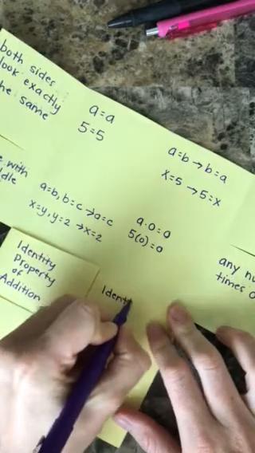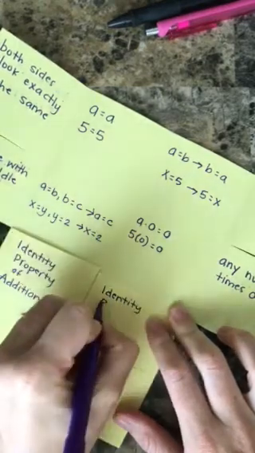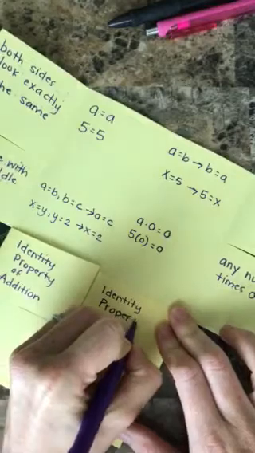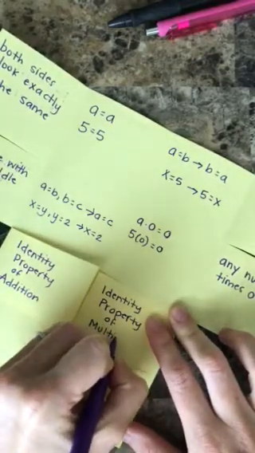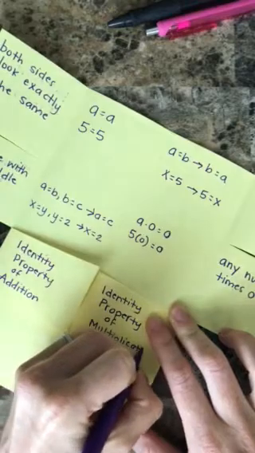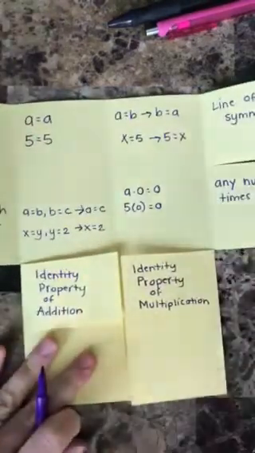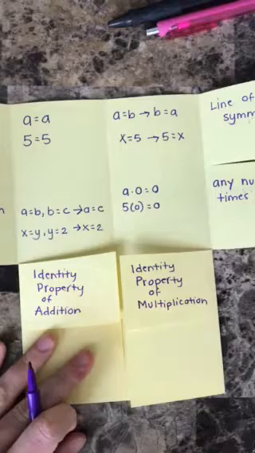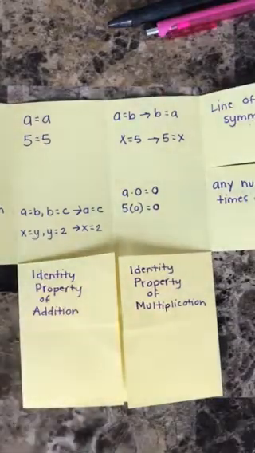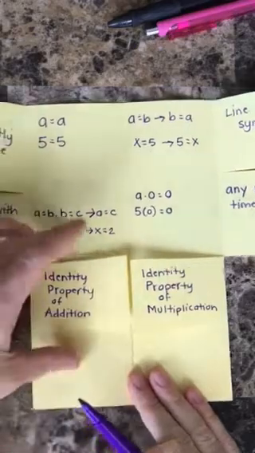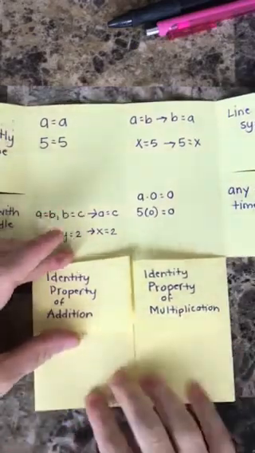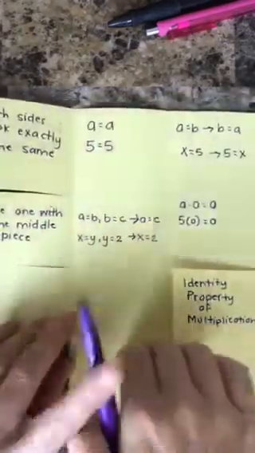So you can go ahead and write that on the other side. All right, and these are your properties that I like to think of as they keep their identity. They keep exactly who they are, whether you're adding or multiplying, okay?